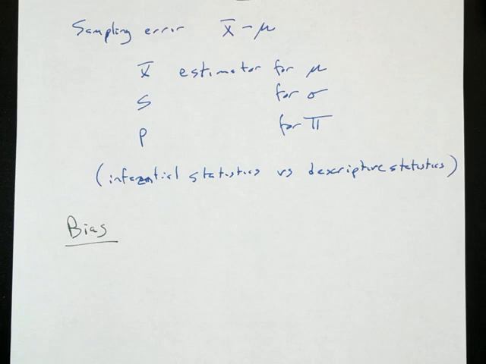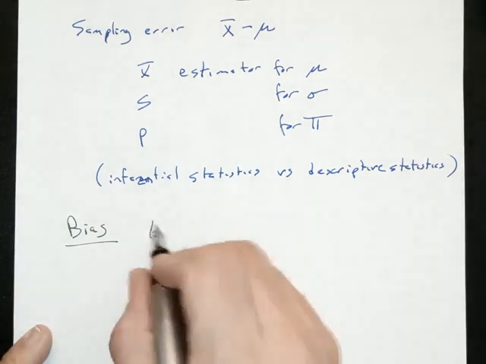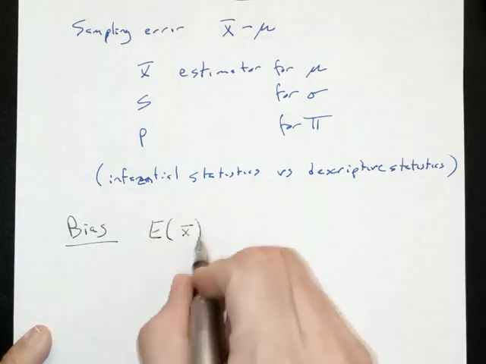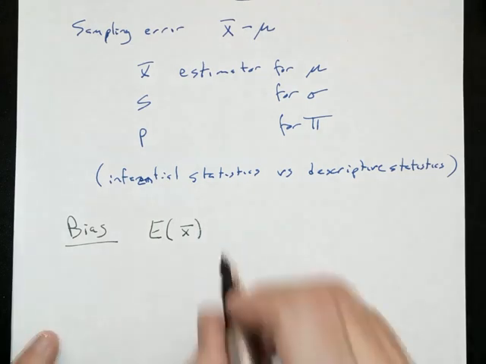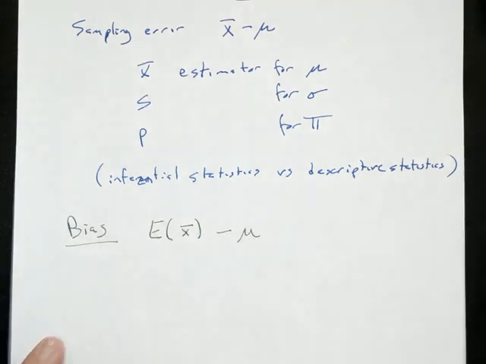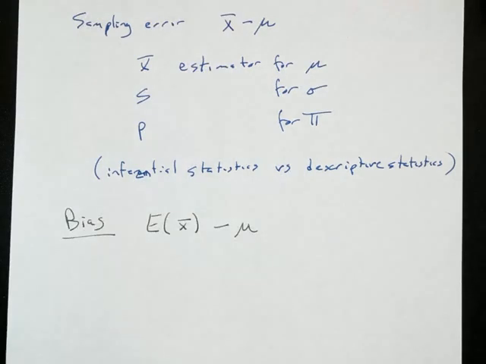When I do a sample, one of the problems I end up with is bias. Now, bias is, there's a formula here. It's the expected value of my estimator minus the true value. So notice that this is different than the sampling error.